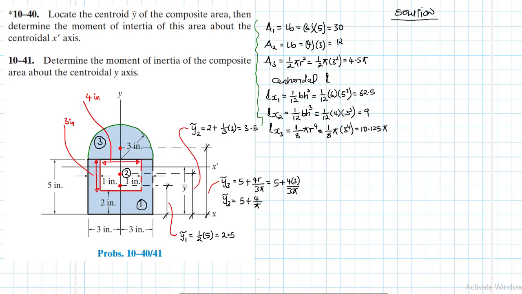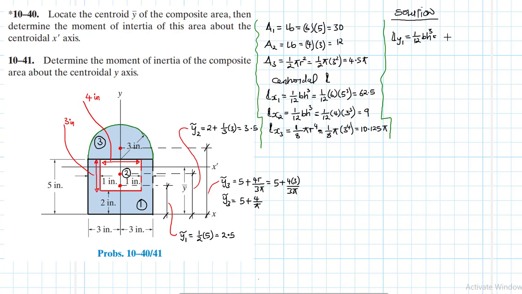Let me just create a boundary here. So let's find moment of inertia about the y-axis, centroidal of course, because we are dealing with moment of inertia about the x prime as well as moment of inertia about the y-axis. Iy1, of course, this is a rectangle, so it's 1 over 12 bh cubed.